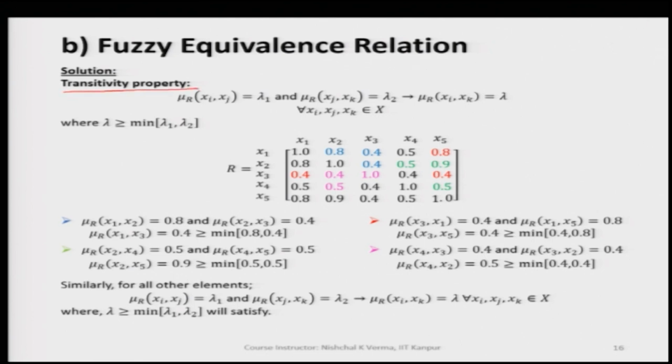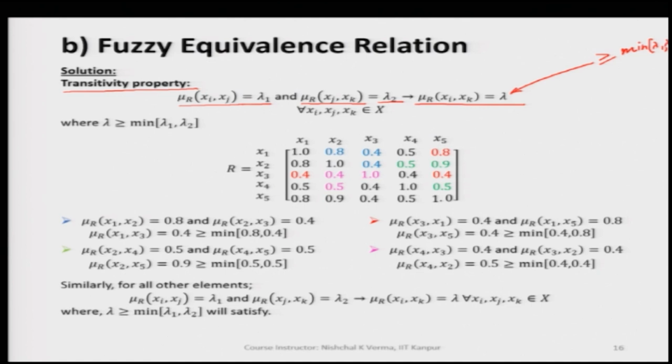And transitivity property says that the mu r of x i comma x j, if it is some value, that is lambda 1, and mu r of x j comma x k here, it is also some value, say lambda 2, then mu r of x i x k, if it is lambda, then this lambda has to be either greater than or equal to the min of lambda 1, lambda 2.